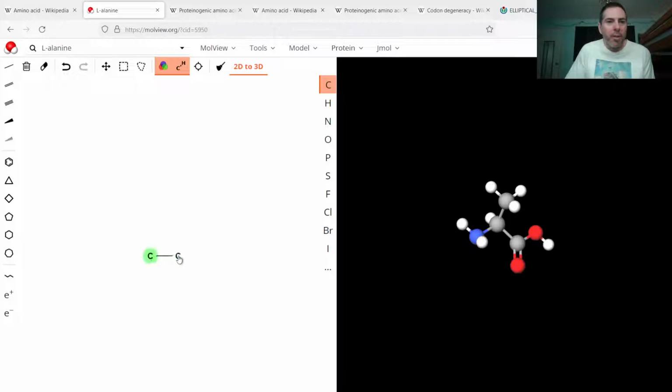So they all have the alpha carbon, carboxyl group. Just to switch it up, I'll draw the ionized version of it that I think I started off with in the first episode. And here's the amine group.